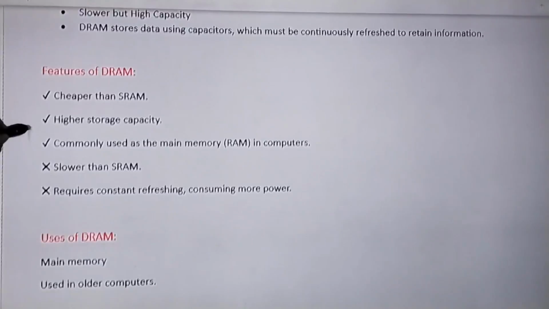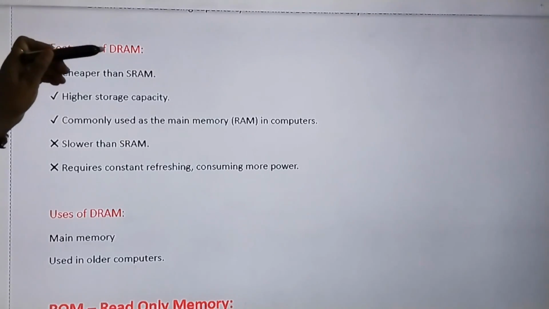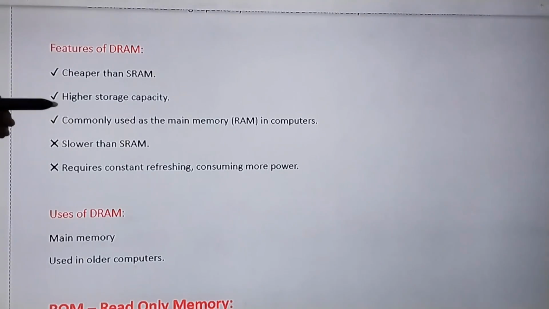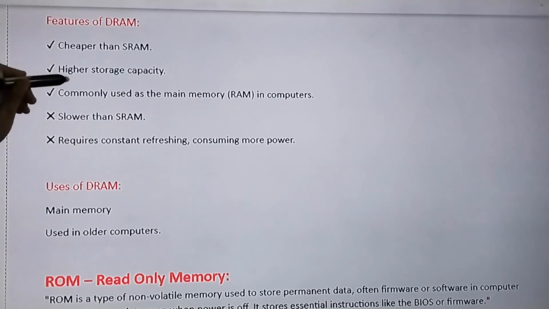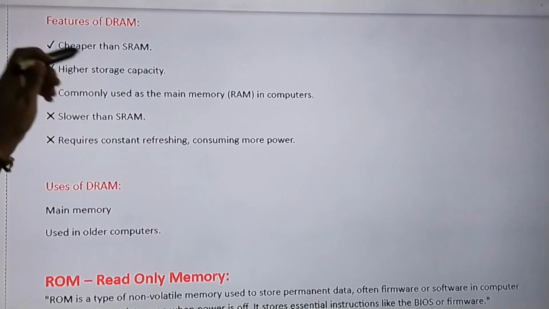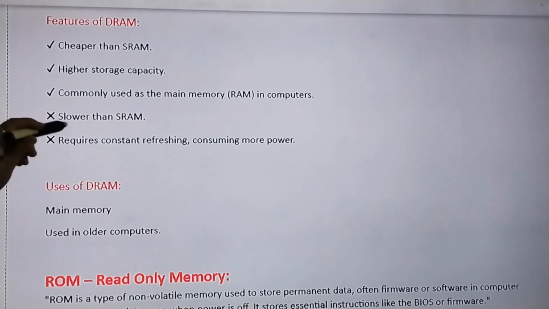The features of dynamic RAM are: it is cheaper, so a large quantity can be used for storing a large amount of data. It has higher storage capacity and is commonly used as the main memory. Our main memory is mainly made up of dynamic RAM. It is slower than static RAM.